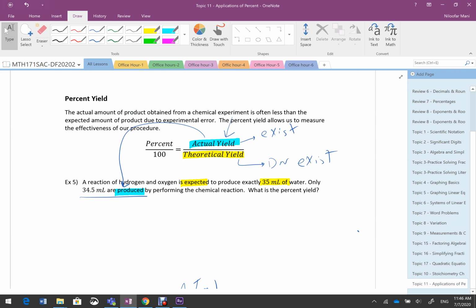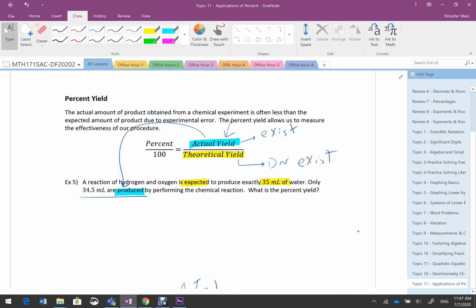The actual amount you get when you do a chemical experiment, when you produce something, is usually less than what you expect. So you compare what you really get with what you expect to get. Remember, what you get is what you really have; what you expect to get, you don't have, you just expect to have it.